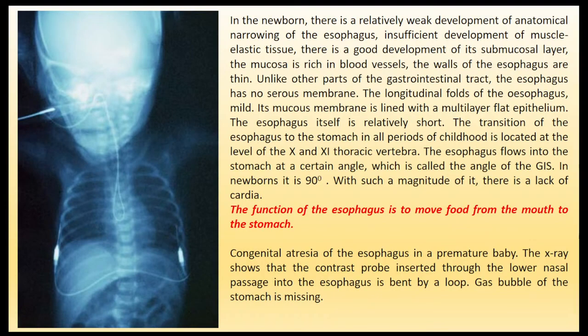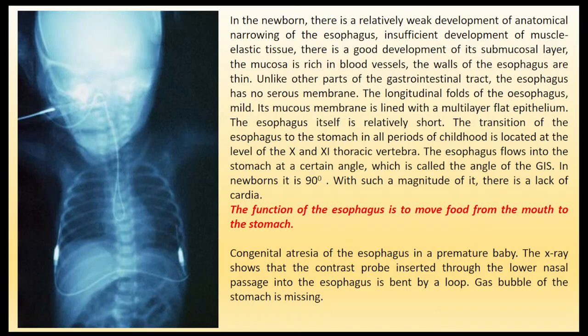The walls of the esophagus are thin. Unlike other parts of the gastrointestinal tract, the esophagus has no serous membrane. The longitudinal folds of the esophagus are mild. Its mucous membrane is lined with a multilayer flat epithelium. The esophagus itself is relatively short.